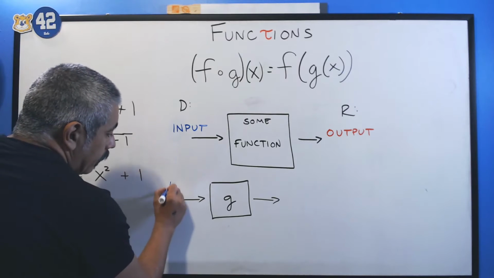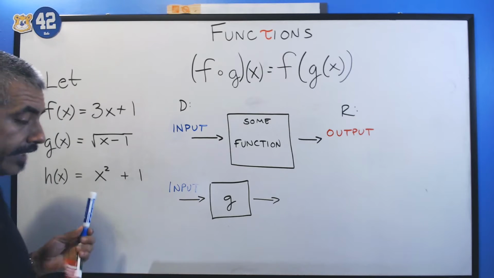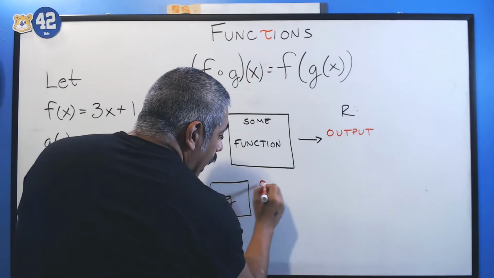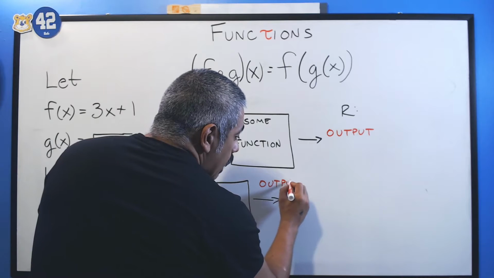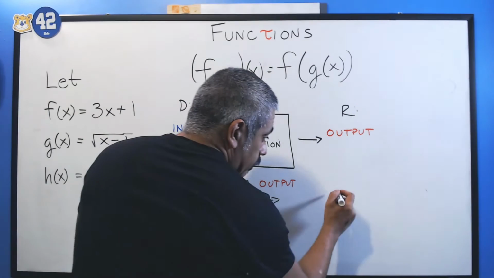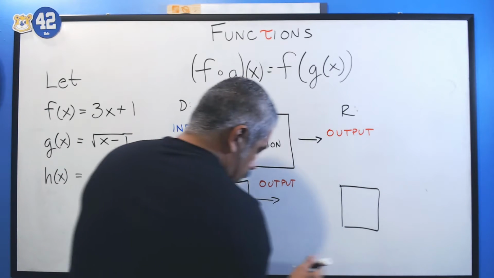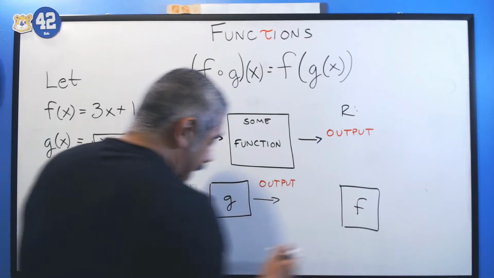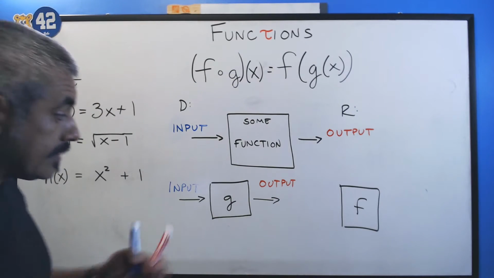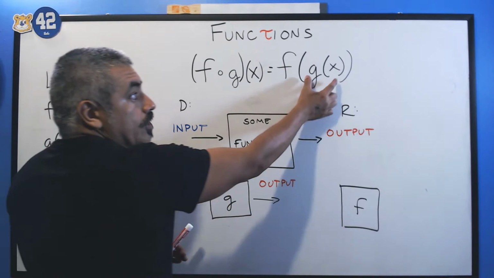But then that output becomes the input of f. So if this is f and this is g and this is the arrangement you have, g goes first.